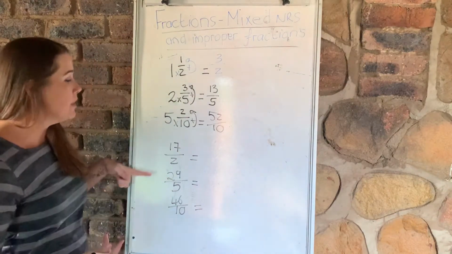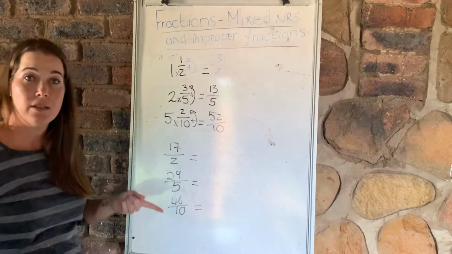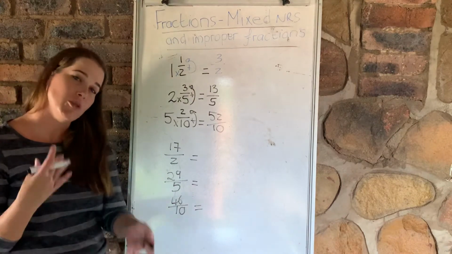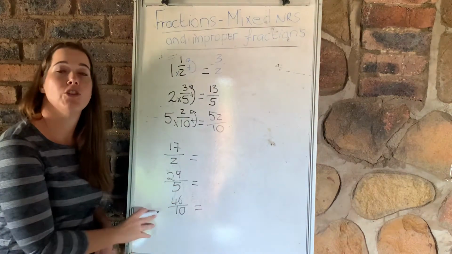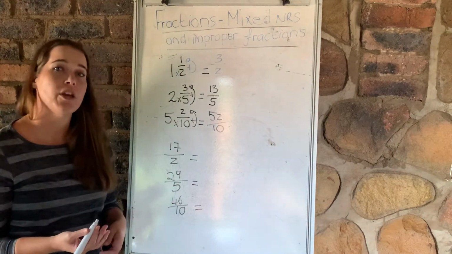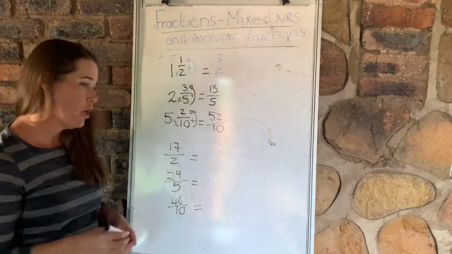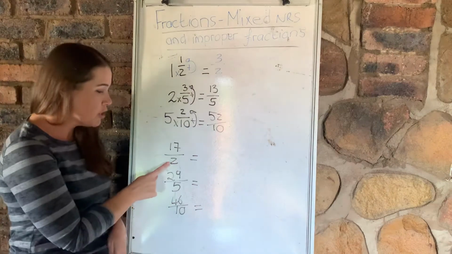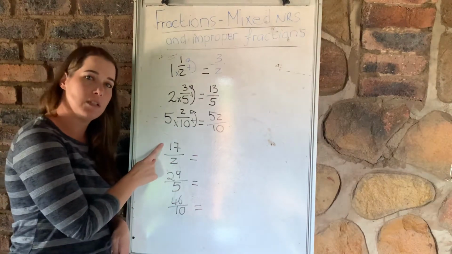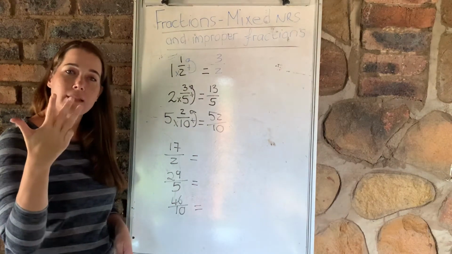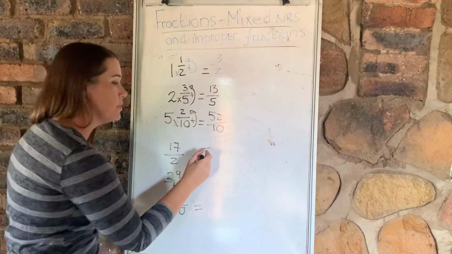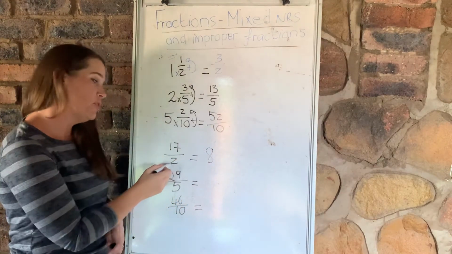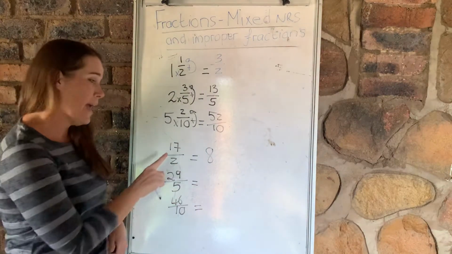Now changing an improper fraction to a mixed number is exactly the same, you just do it the opposite way. So you have no whole number here, so you're not going to be timesing, you're going to be dividing. How many times does 2 go into 17? 2, 4, 6, 8, 10, 12, 14, 16. 8 times. 8 times 2 is 16, but I had 17.